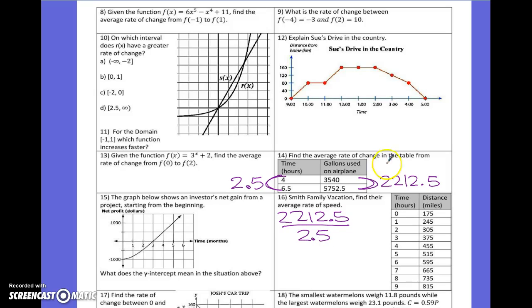If I do that, I get 885, because it's the y numbers over the x numbers, so it's gallons on top over hours, gallons per hour. So that was our airplane, gallons used on the airplane, 885 gallons per hour.